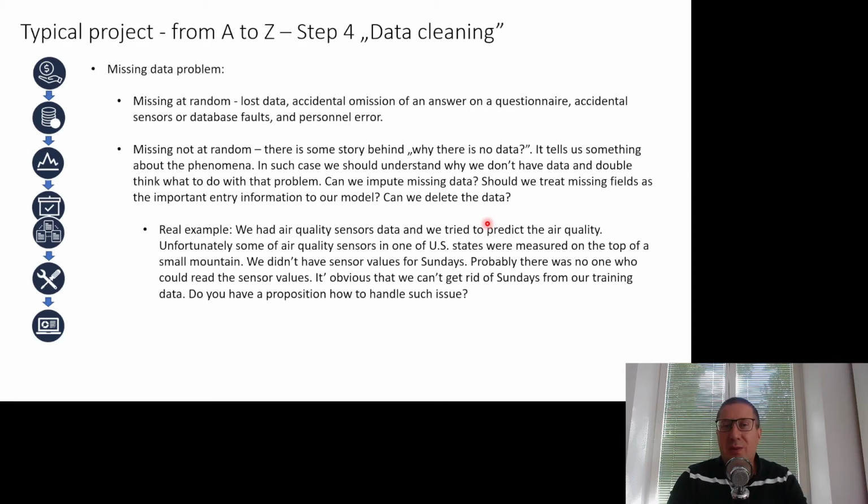So it's related to some story, some explanation, and this is also information that we can use because it tells us something about the phenomena. In such a case, we should understand why we don't have data and think twice about what to do with this problem.